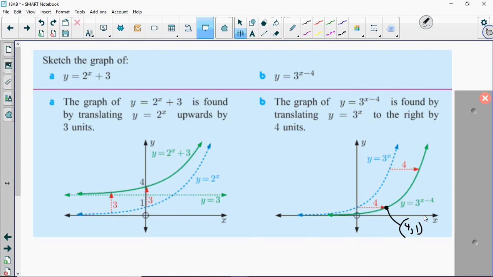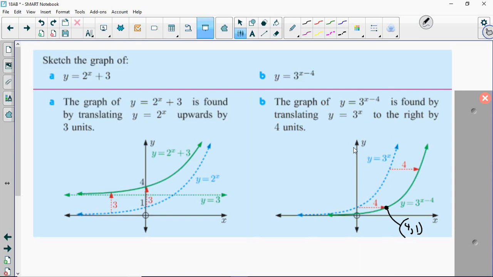So I know that I have the point 4, 1, because the y-intercept's being moved over 4 units to rest there. The new y-intercept is going to be when x is 0, we have 3 to the negative 4. That's going to be 1 over 81. I don't know what that is as a decimal off the top of my head. But anyway, there's, again, a quick sketch of 3 to the x minus 4, just thinking in terms of transformations.